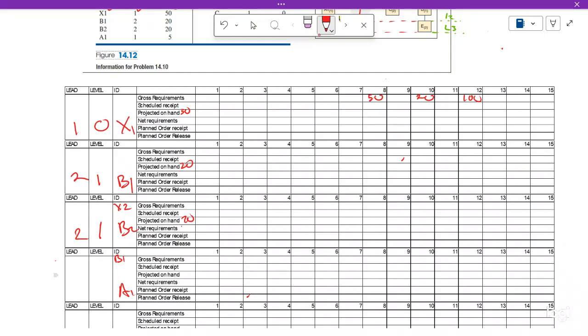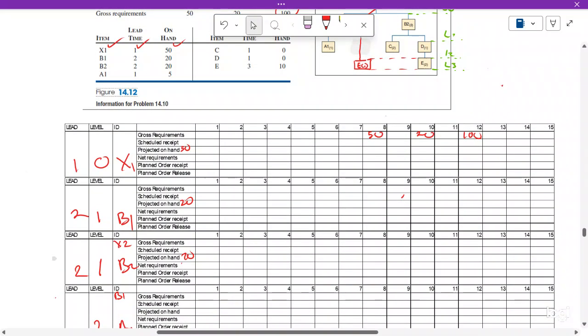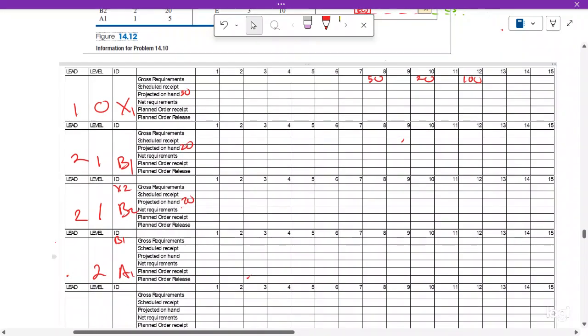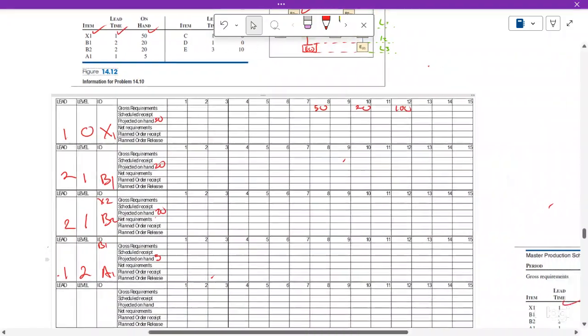Then it's at level 2, lead time of 1, product on hand of 5. Then I think they can now start showing on the side here.